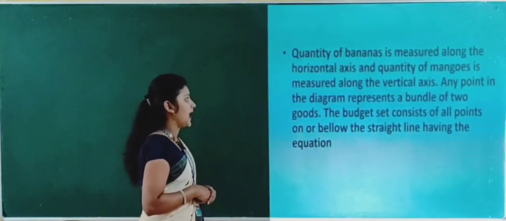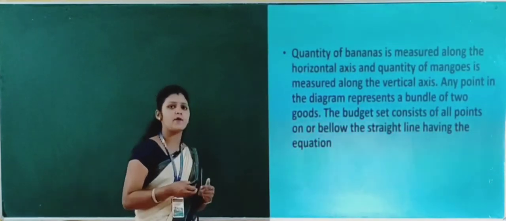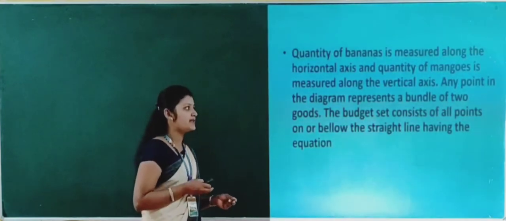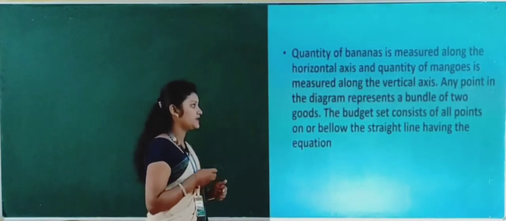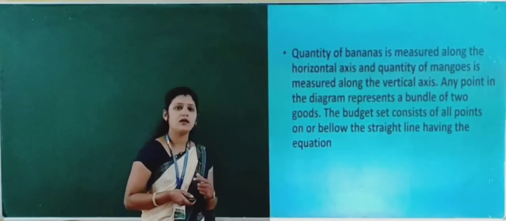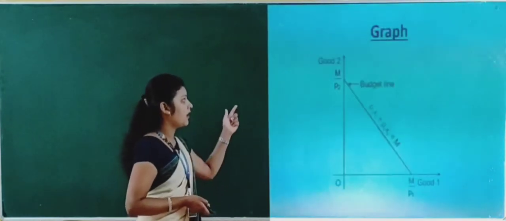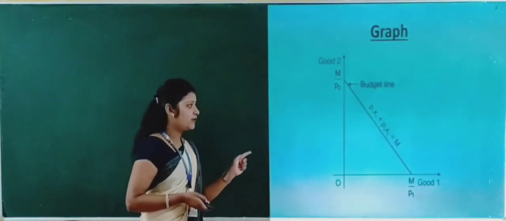Any point in the diagram represents a bundle of two goods. The budget set consists of all the points on or below the straight line having the equation. The budget set consists of all the points on the budget line or below the budget line.